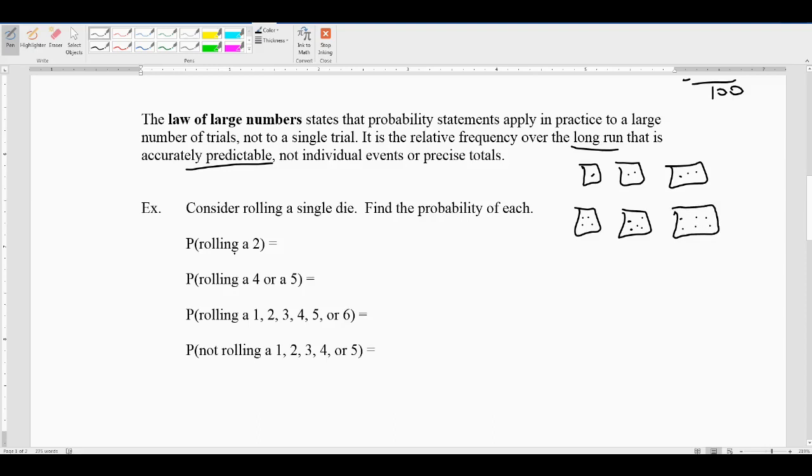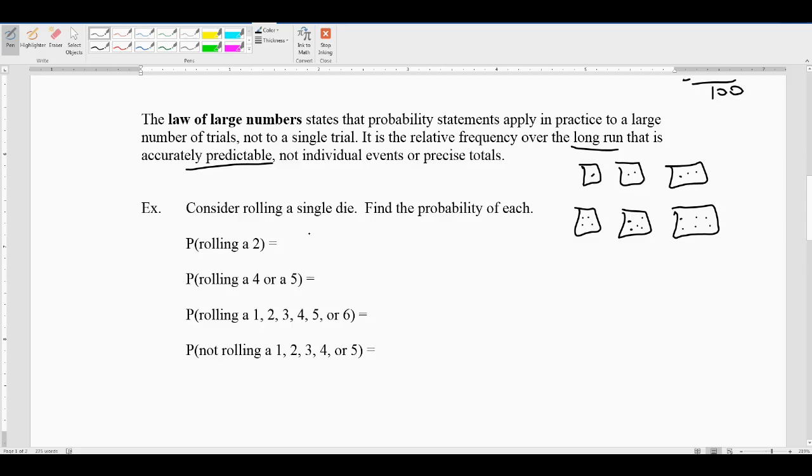For example, the probability of rolling a 2. Now you could take out a die and roll it 10 times, and you may not get a 2 at all. However, if you could do it 1,000,000 times, chances are you're going to get the same number of 2s as you do a 1, a 3, a 4, a 5, and a 6. So it's all going to even out. So this is an example of the law of large numbers for theoretical probability.